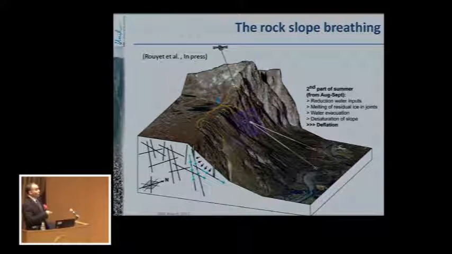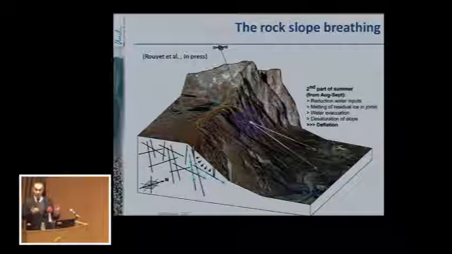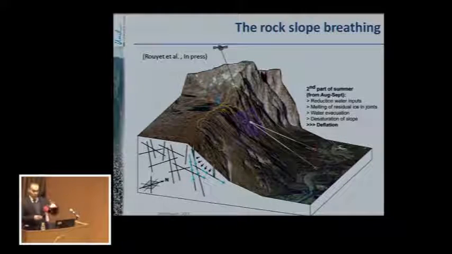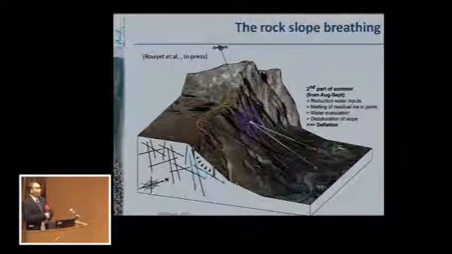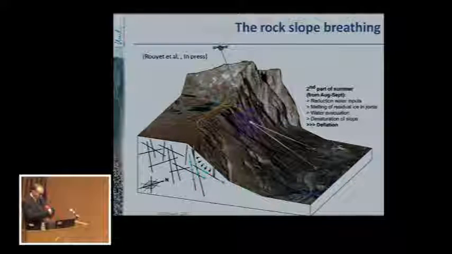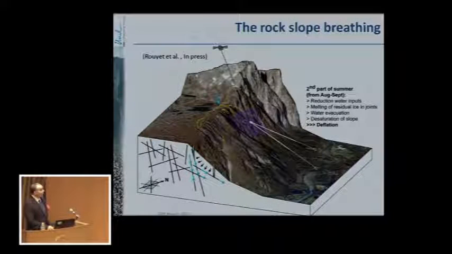And then the rock face goes down. This means that this is a process of fatigue. It means that with time you have the rock face that is changing movement by movement, and then it will create a sort of hysteresis and degrade the material.